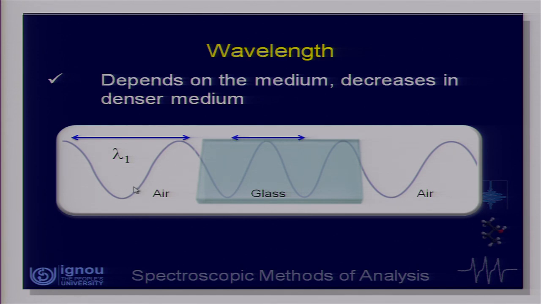When it passes through the glass, the wavelength becomes just this much, because this shows the distance between two troughs, and when it comes back, the distance becomes larger again. So lambda 2, the wavelength in the denser medium, is less than the wavelength in the rarer medium, which in both cases is air. So, lambda 1 will be equal to lambda 3.